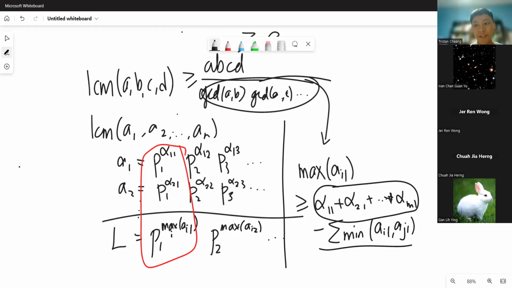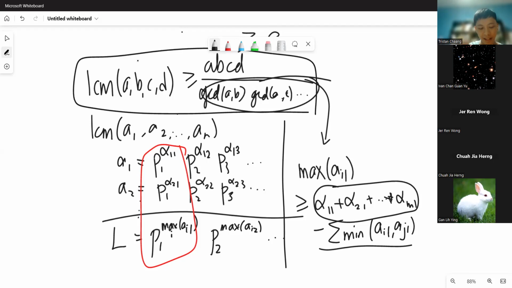So in fact, you're subtracting a lot of terms. So this identity is true.